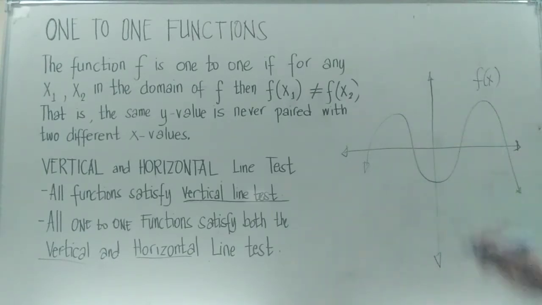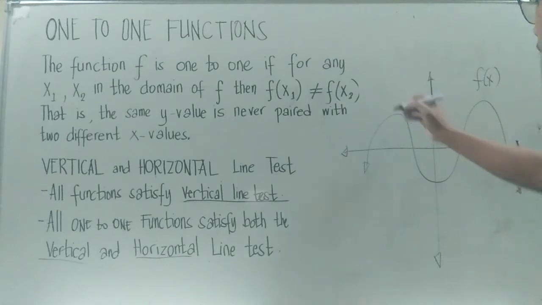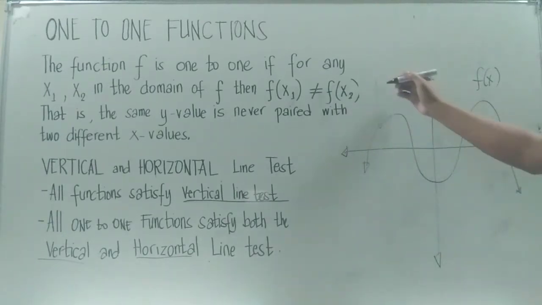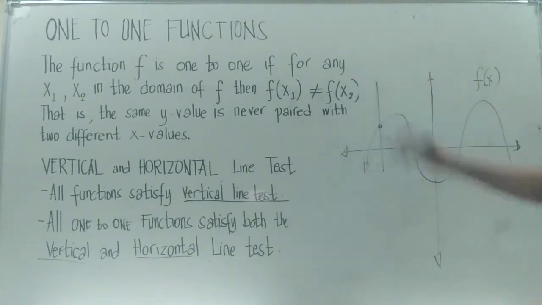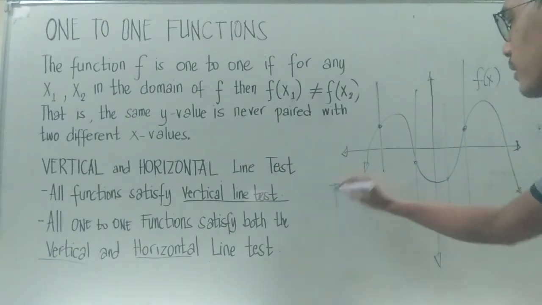This is just an example of a graph of a polynomial function. When we put a vertical line in here, it will intersect at exactly 1 point. Anywhere in the graph, when you put a vertical line, it will intersect at only 1 point. So this is a function.